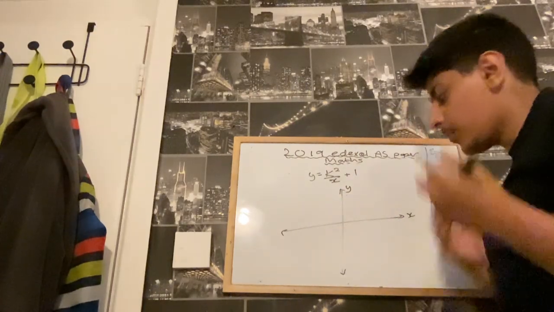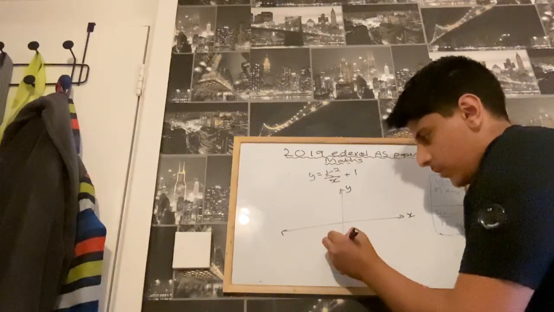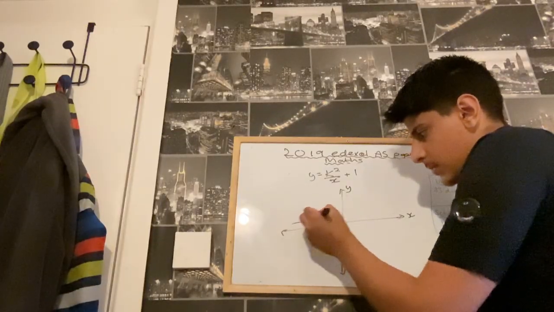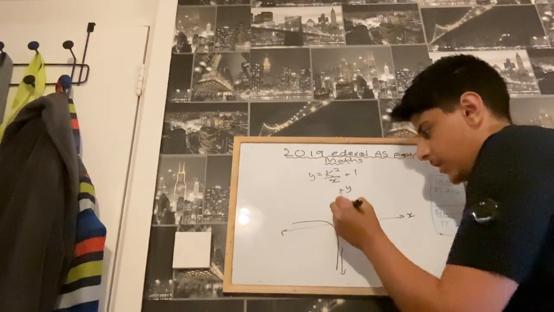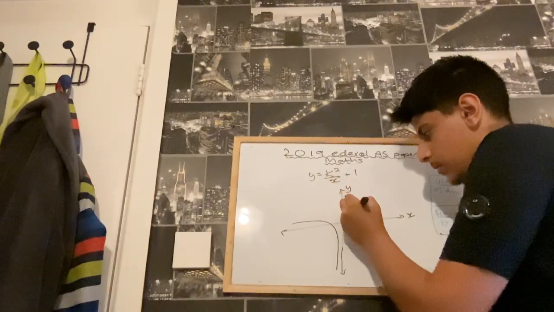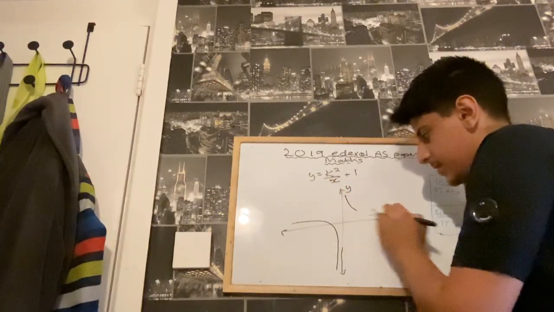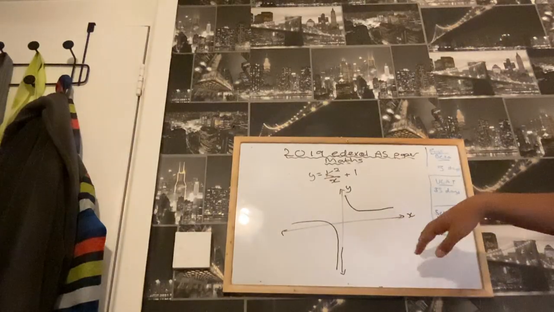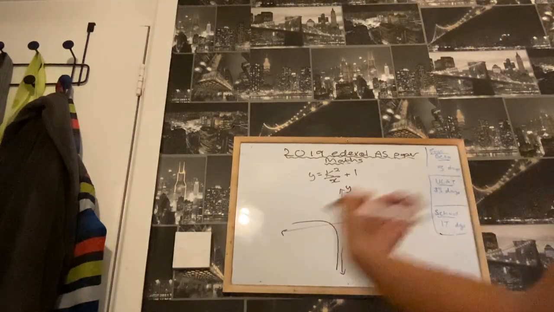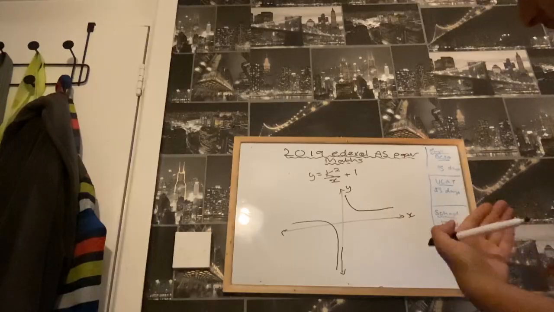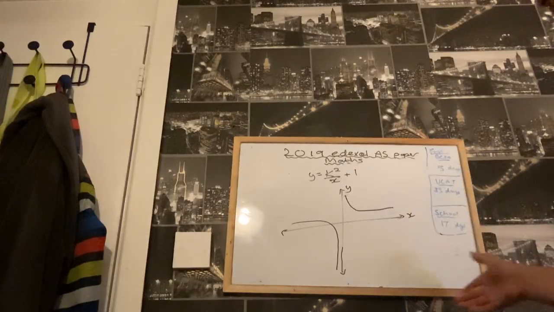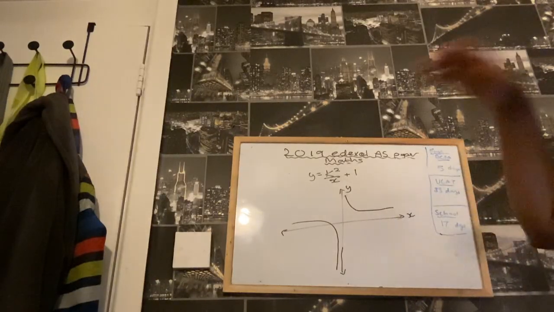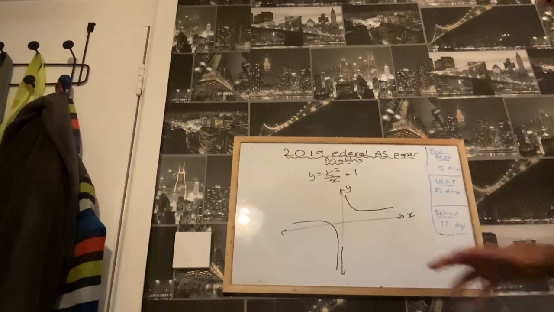So when we move it up 1, it's going to hit the y coordinate. Alright, so it should be like this, but not that diagonally off. Slightly more straight.